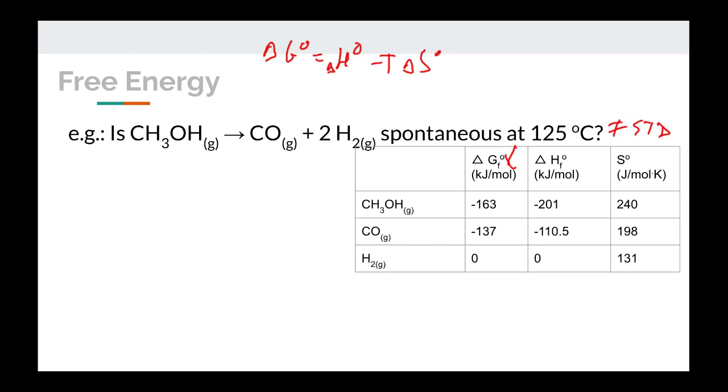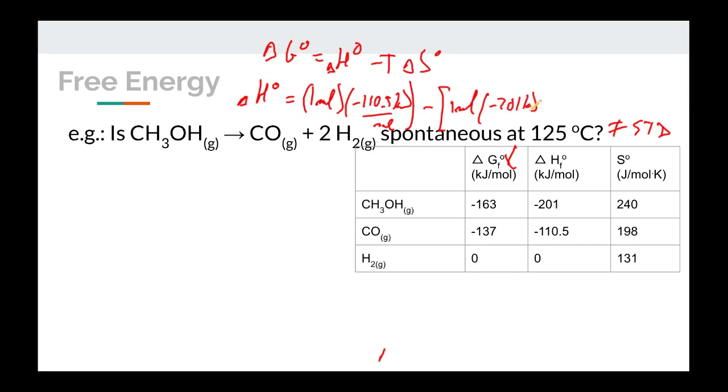So first let's figure out what is enthalpy change for this reaction, standard enthalpy change. Well, I'm going to have 1 mole of carbon monoxide, and its enthalpy of formation is negative 110.5 kilojoules per mole minus 1 mole of CH3OH times negative 201 kilojoules per mole for standard heat of formation.